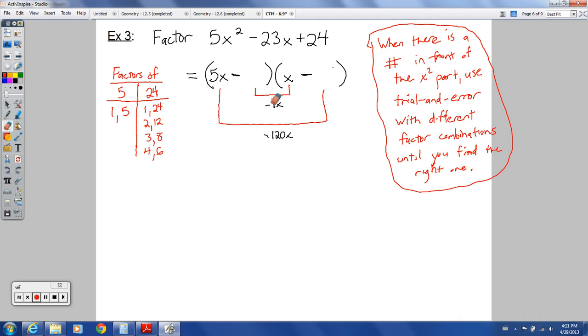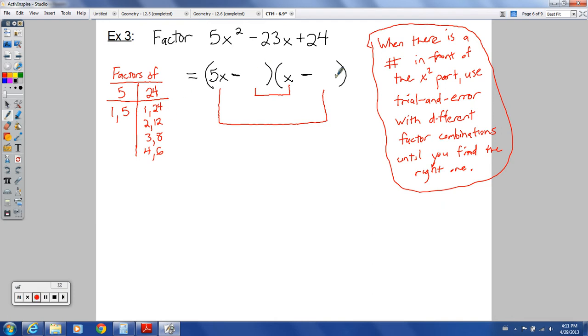Trial and error here. So that didn't work out. If I flip-flopped those, and I put 24 here, and 1 over here, I'd get a little closer. I'd have 24x, and this part would be negative 5x, so negative 24x, negative 5x would make negative 29x. Close, but no cigar. So let's try a different combination.